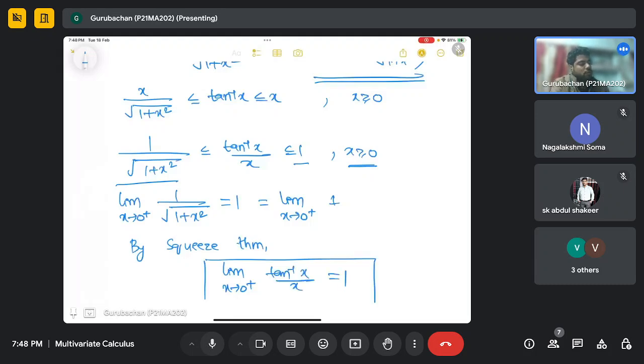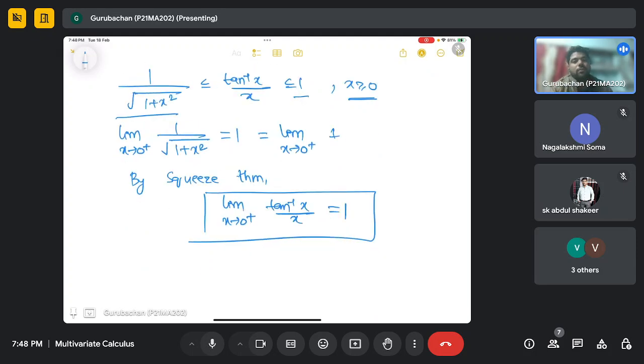Now we know about the right hand limit. What will be the left hand limit of this tan inverse x by x, and what can be the possible argument for this? Can anybody let me know? What can be the possible argument to prove limit x tending to 0 minus of tan inverse x by x is 1? Because only in that case we can guarantee that the limiting value of tan inverse x by x while x tends to 0 is 1.